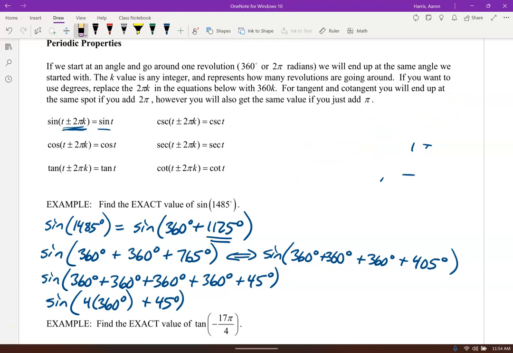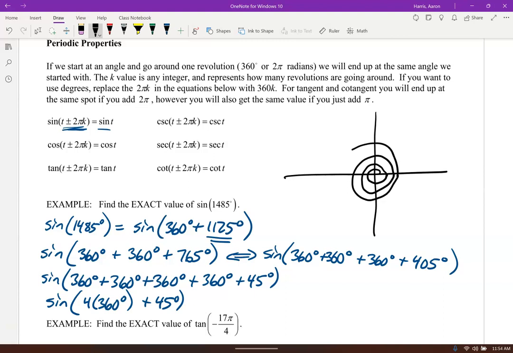So if I was to draw this, let's go up here and draw it. There's 1 time around, 2 times around, 3 times around, 4 times around, plus 45 degrees. I'm right here.